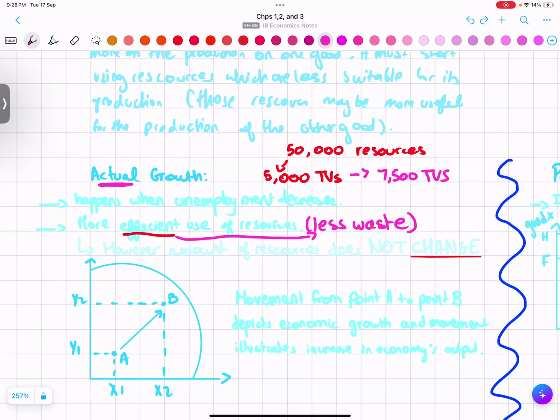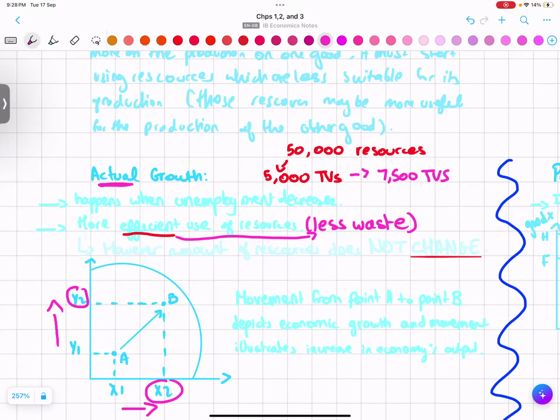So this is actual growth, so you're able to produce more units. From y1 will increase to y2 and x1 will increase to x2, because you're able to produce more because you have less waste. So you're using your resources in a better way.